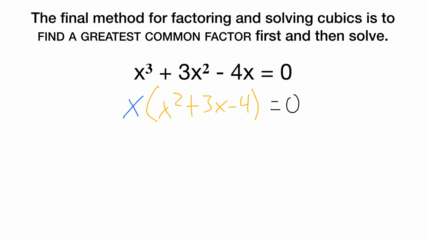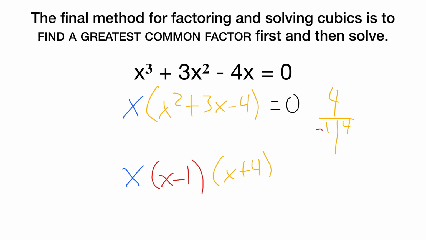So let's see, our factors of 4 are going to be, in this case, 1 and 4. And the negative has to be the, let's use a different color, 1. Meaning this becomes x times x minus 1 times x plus 4, meaning our zeros are 0, 1, and negative 4.